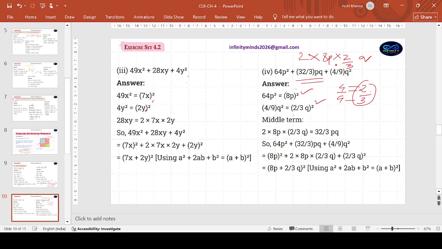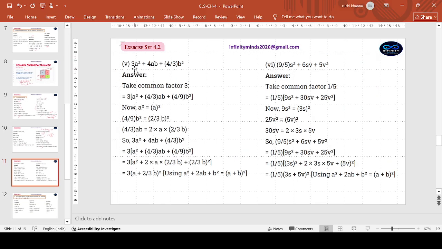If anything gets cancelled, but it doesn't. So it will be 2 into 2, 4 into 8, 32 by 3 pq. Yes, you have to write that. That is correct. That's what we were wanting. You have to cross check, children. And then it is (a plus b) whole square.